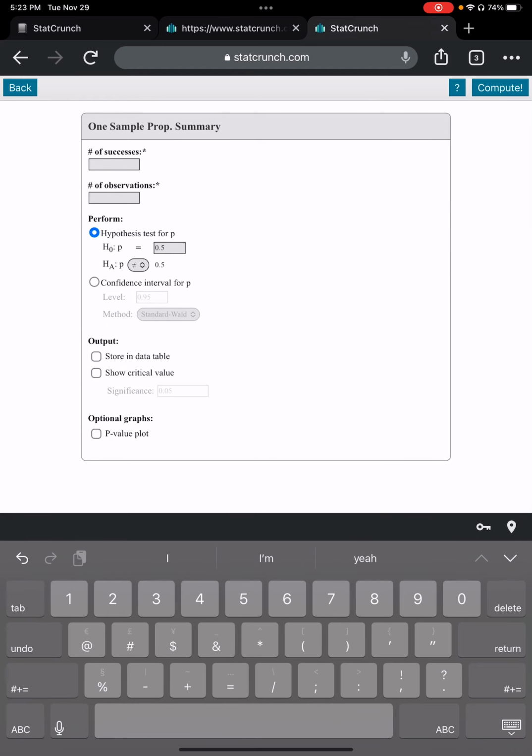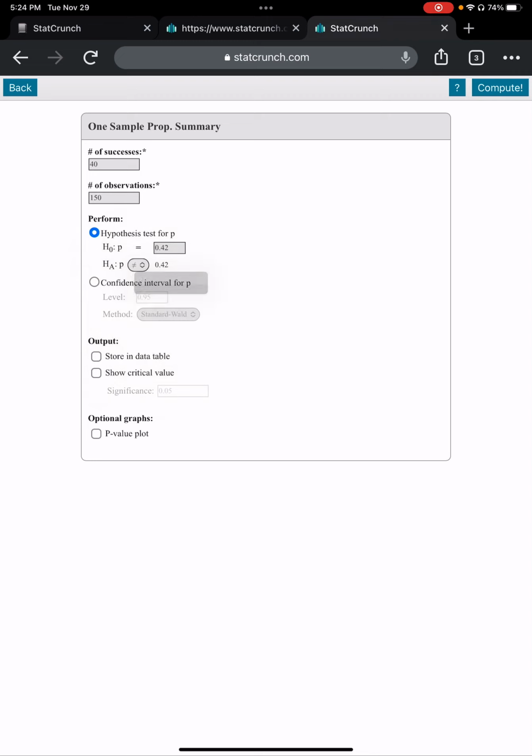We had the number of successes that we were given for this. The number of successes was 40. The number of observations was 150. And here our null hypothesis was that it's equal to 0.42. We're going to leave this one alone because we wanted not equal to 0.42. If we were looking for just less than or greater than, we would include that.